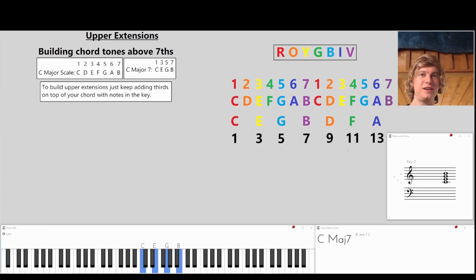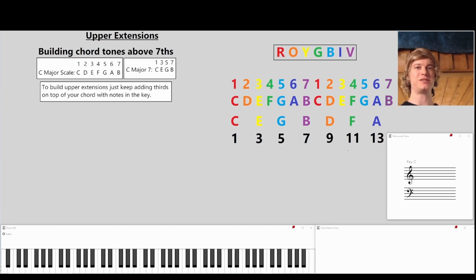So because of that, it's gonna function and sound similar to if I just added a D in there. So it's gonna sound similar if I take my 9, which is my D, and instead I do the D down here, which would be my 2. So as you can see, obviously not the same exact sound, but it is similar.